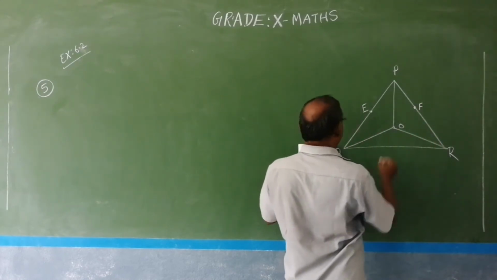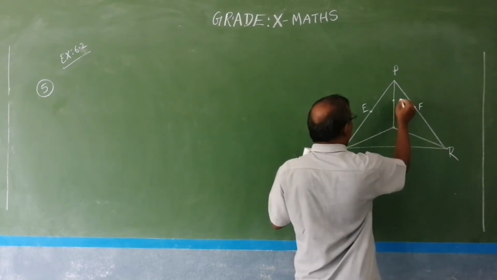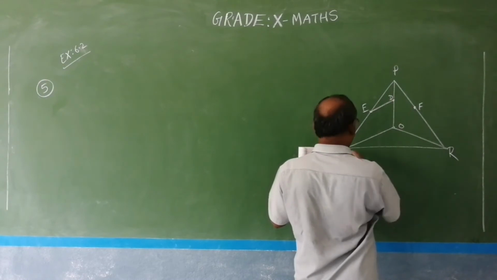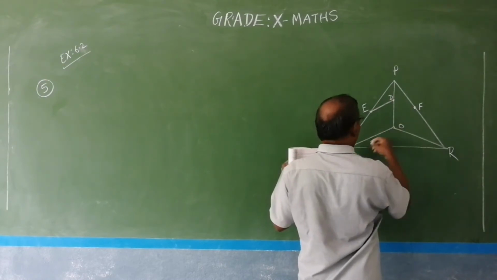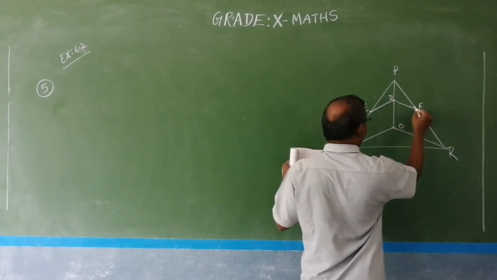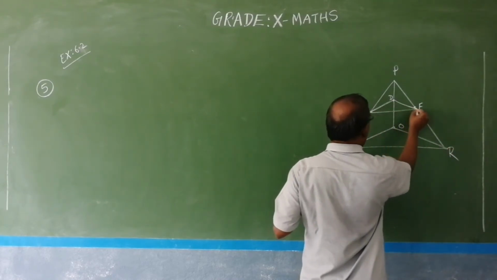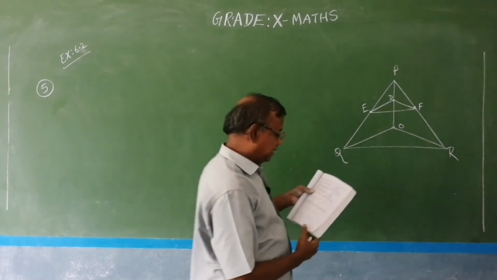There is a point D on the line OP such that ED parallel to QO and DF parallel to OR, and join EF. This is the diagram they given.